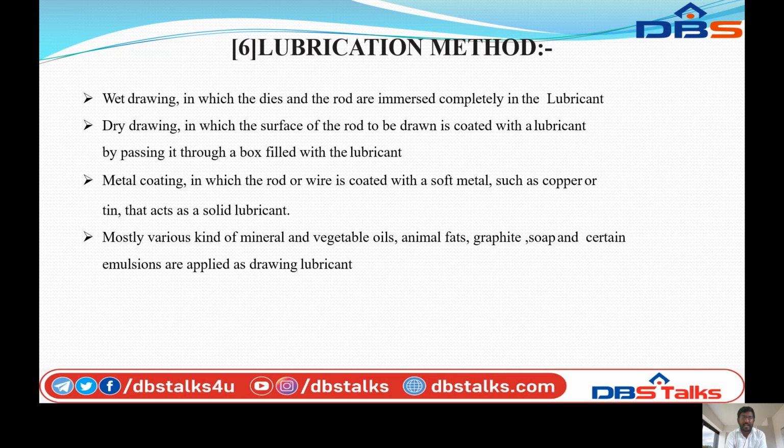Various kinds of mineral and vegetable oils, animal fats, graphite, soap and certain emulsions are applied as drawing lubricants. So these are the lubrication methods in different processes: wet process, dry process and metal coating.